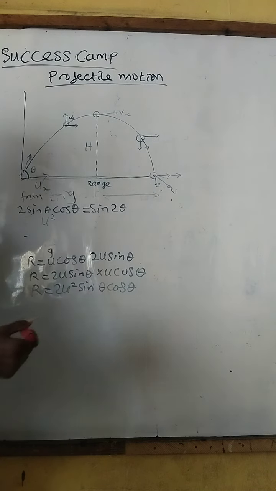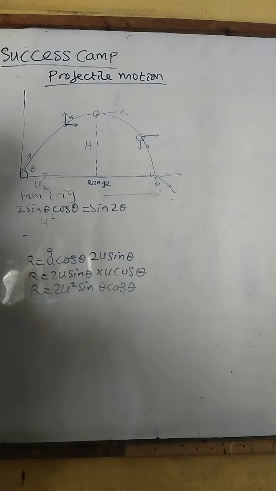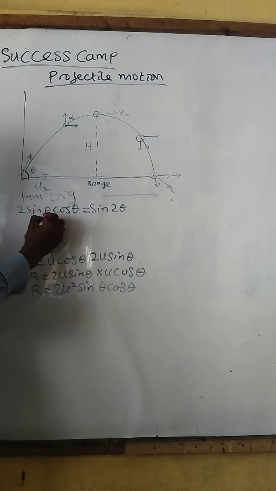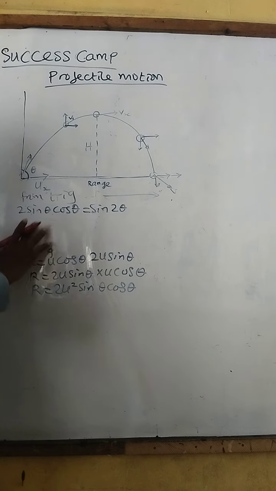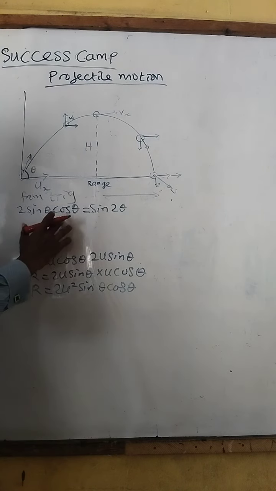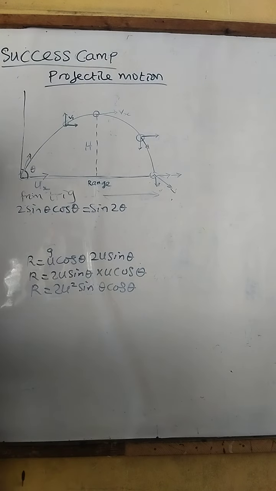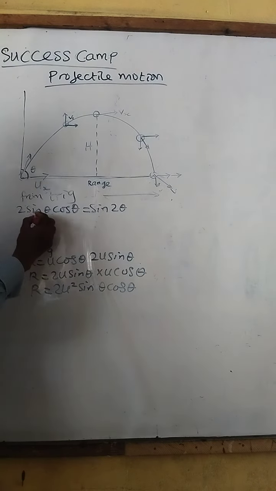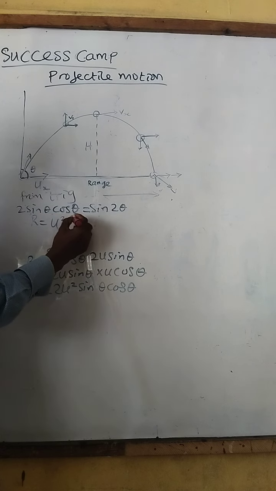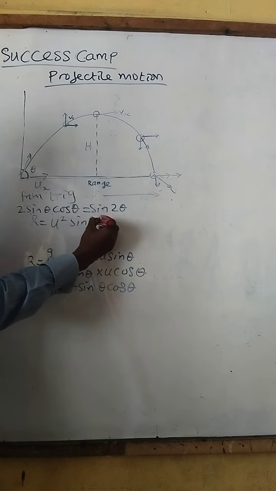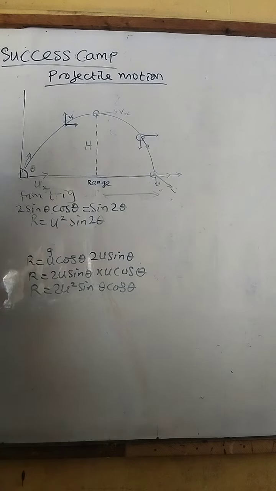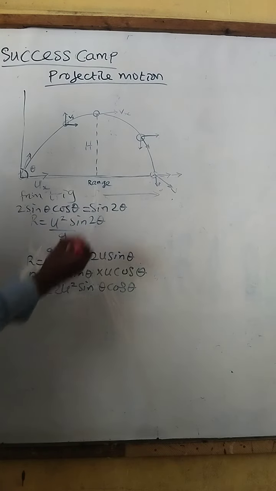So from here I'm having my 2 sine theta cos theta as equal to sine 2 theta, so we'll be left with our range to be u squared sine 2 theta over g.